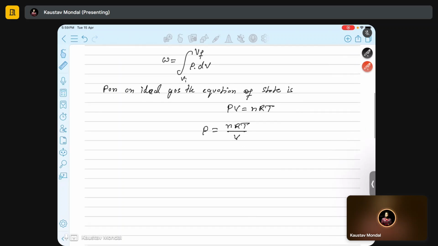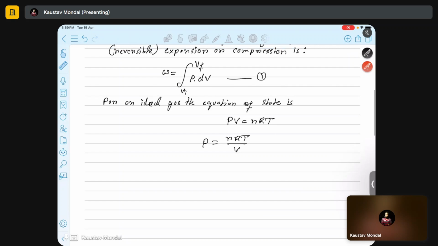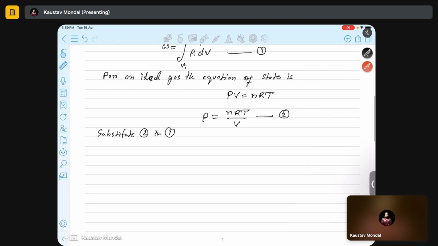Now if you substitute it in equation one, we get W equal to the integral from Vi to Vf of nRT by V dV.